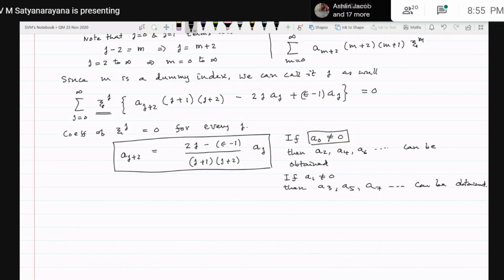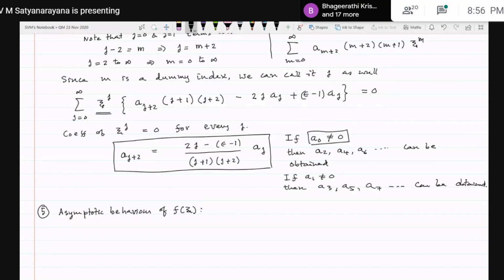Let's say this is our fifth step: asymptotic behavior of f of z.